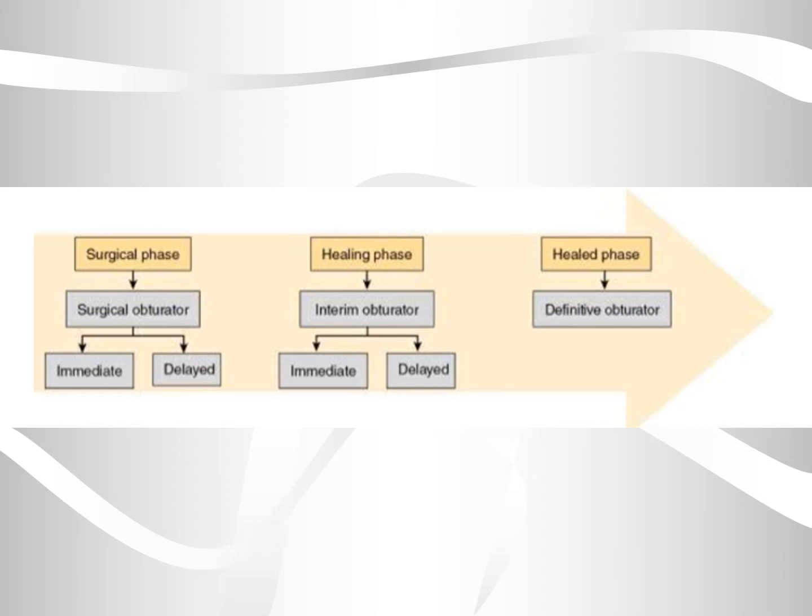That's the surgical phase. Surgical phase consists of the surgical obturator, which is divided into immediate and delayed. In the healing phase, it can be classified as the interim obturator, which can again be divided into immediate or delayed. Healed phase is a definitive obturator.